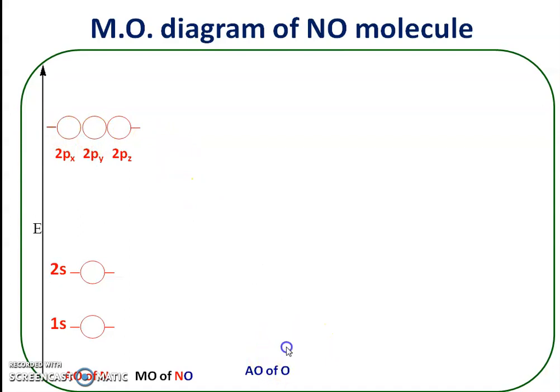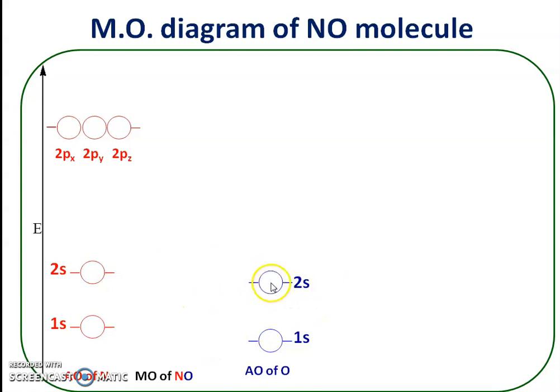Similarly, oxygen also has a 1s atomic orbital, but the energy of the 1s atomic orbital of oxygen is less than the energy of the 1s atomic orbital of nitrogen. This is because oxygen is more electronegative than nitrogen. This is the 2s atomic orbital of oxygen.